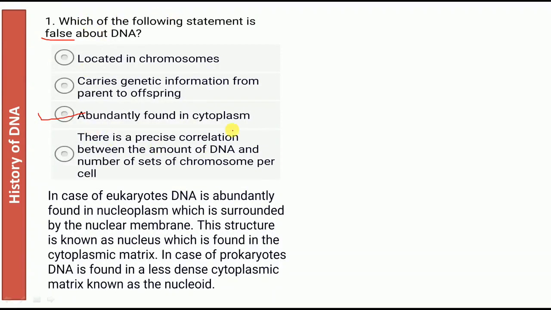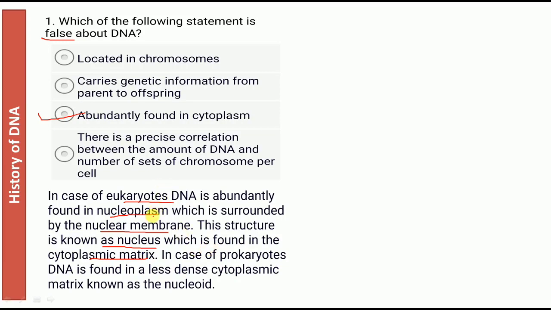To get clarity about the answer which we have marked, we'll give you a brief explanation. We all know that in eukaryotes, the DNA is found in the nucleoplasm. This nucleoplasm is surrounded by the nuclear membrane. This whole combined structure we call the nucleus, and it is found in the cytoplasmic matrix.